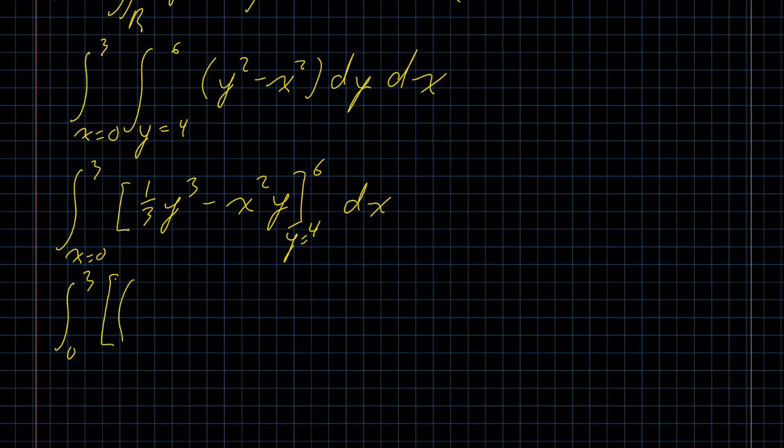All right, we'll have 1/3 times 6 cubed, 216. And then we will have 6 times x squared. 4 cubed is 64.